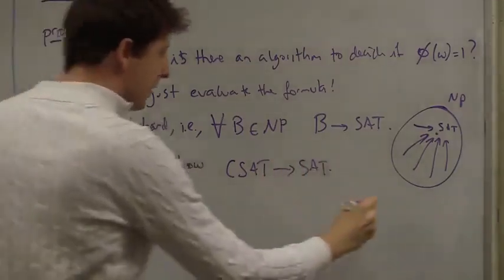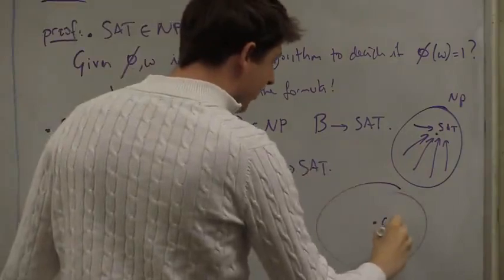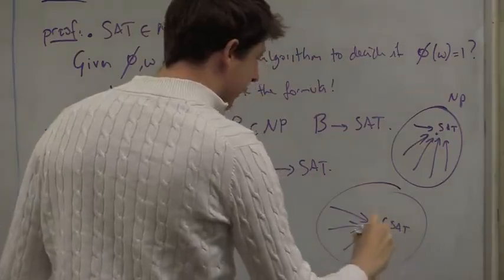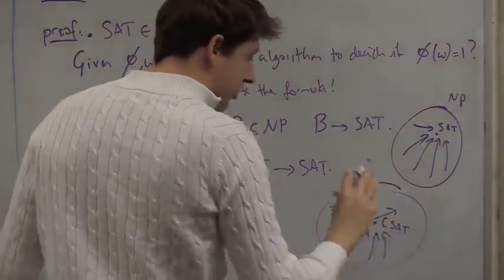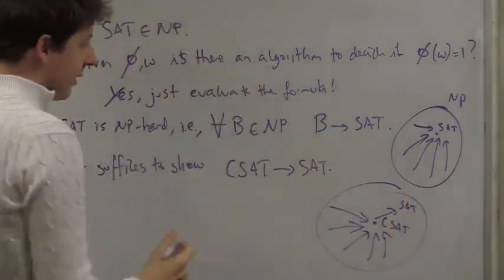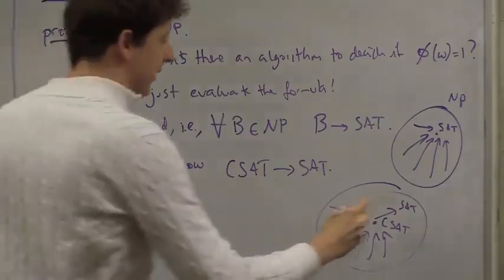Why? Because, here's the picture. We already proved that everything in NP reduces to CSAT, and if we just prove that CSAT reduces to SAT, then transitively, everything in NP will reduce to SAT, okay?